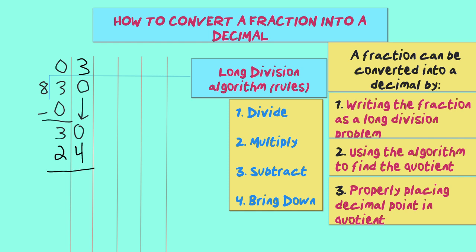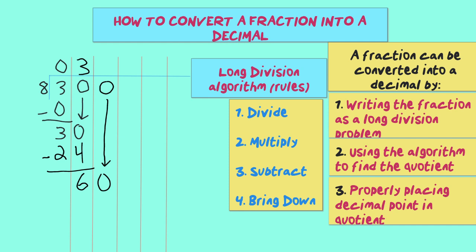Now we're on step number 3. We subtract 30 minus 24. 30 minus 24 is 6. We don't have another number to bring down, and so again, we put a 0 here to bring down. When you don't have a number to bring down, we just put a 0 in our dividend and bring it down.